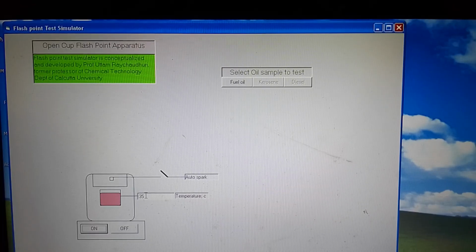Till there is no flash. 42, 43 is the minimum temperature, which is the flash point. And now wait for the continuous flame.